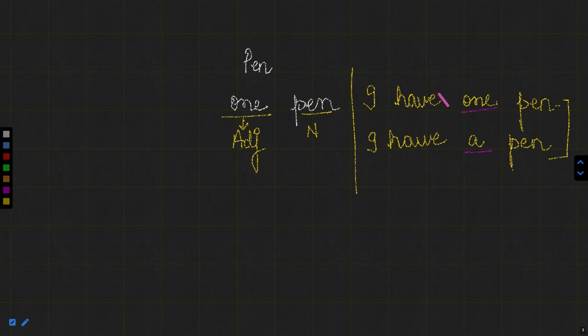Yes, of course, these two sentences are equal in meaning. So the meanings of both the sentences are the same.